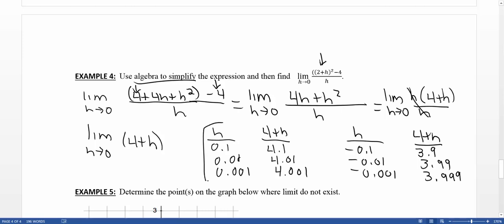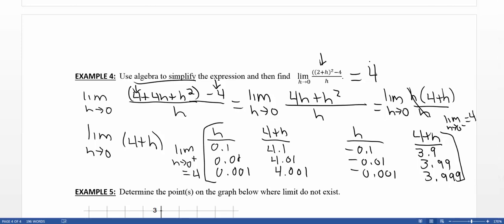So now I have the limit as h approaches 0 from the right is 4. And I have the limit as h approaches 0 from the left is 4. So therefore, the limit of the whole thing is going to equal 4.